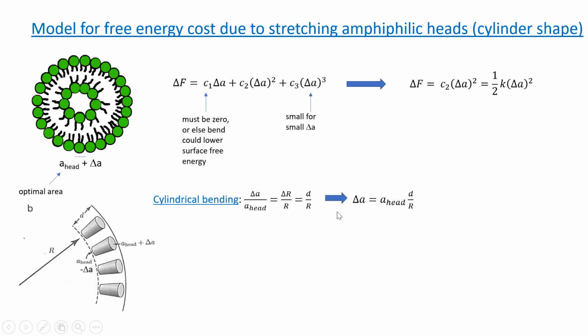So rearranging that, we get that delta A is equal to A head times D over R, just multiplying through by A head.